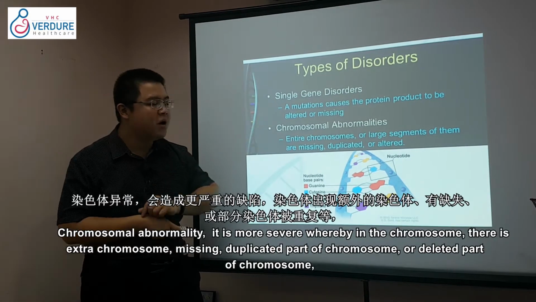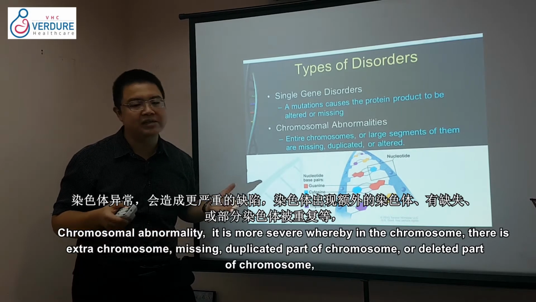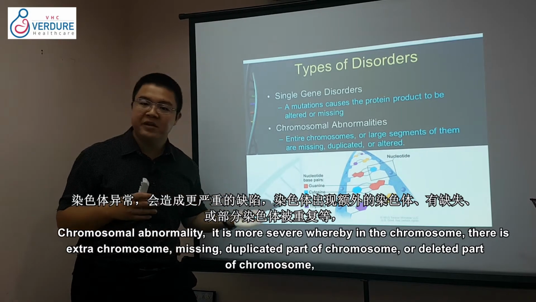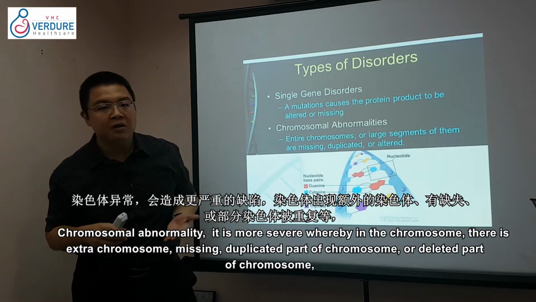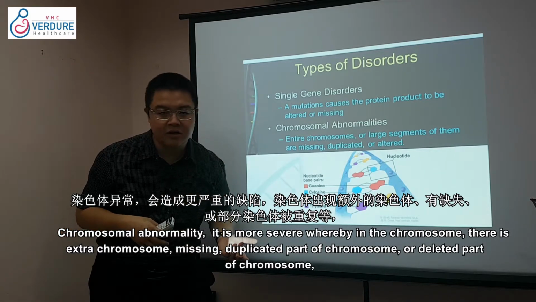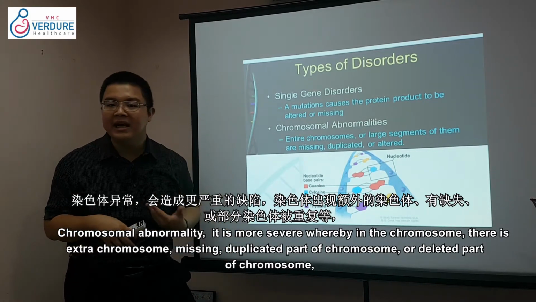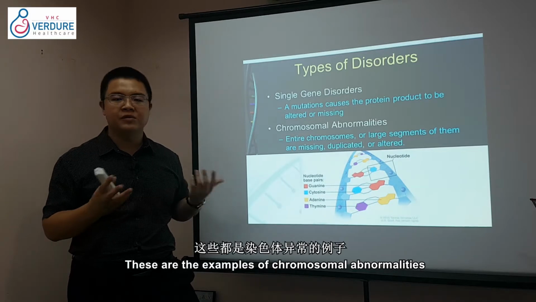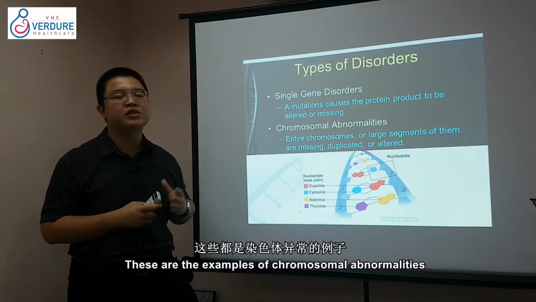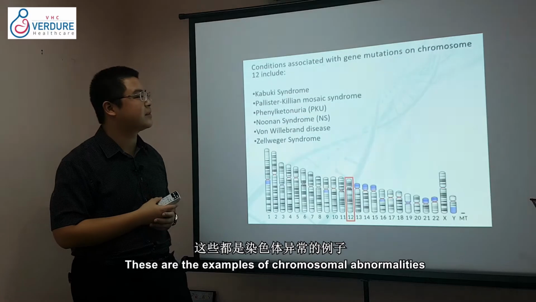Chromosomal abnormality is even more serious, whereby you have an extra piece of chromosome, a missing chromosome, duplicated parts of the chromosome, or a deleted part of the chromosome. These are examples of chromosomal abnormalities.